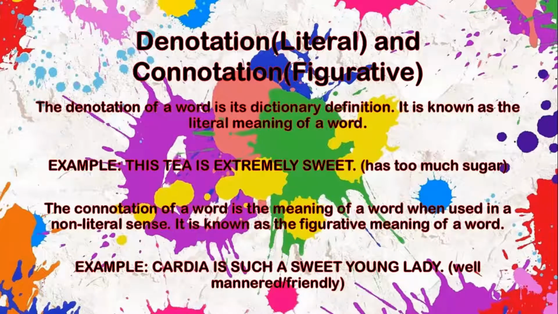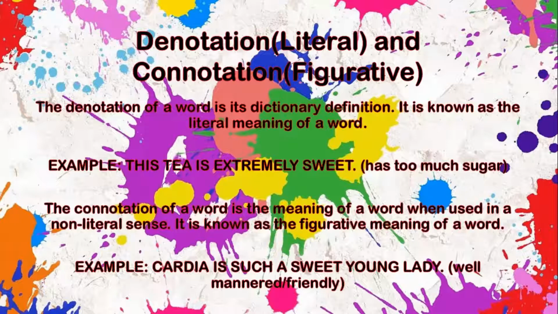Let's look at the example there. This tea is extremely sweet, and sweet is the word we're trying to determine the meaning of. Once we look into the dictionary, we'll see that sweet means has too much sugar. Now let's take that same word and use it differently. Claudia is such a sweet young lady. In that sentence, sweet does not mean has too much sugar.